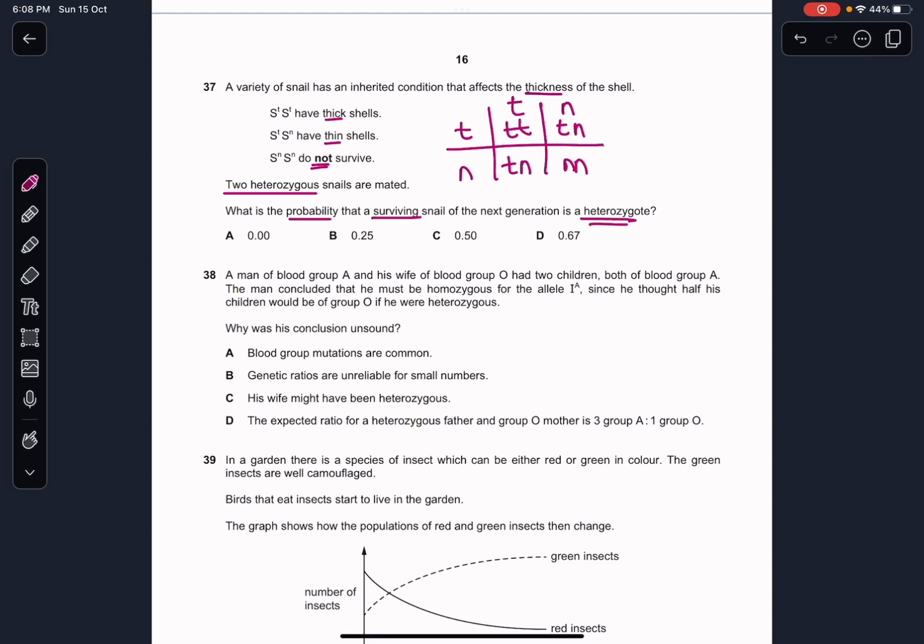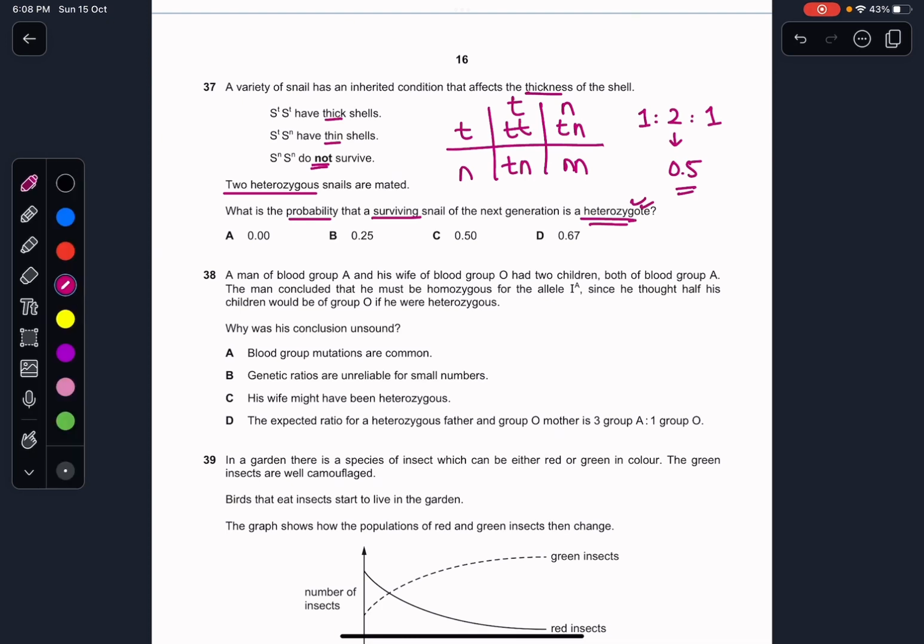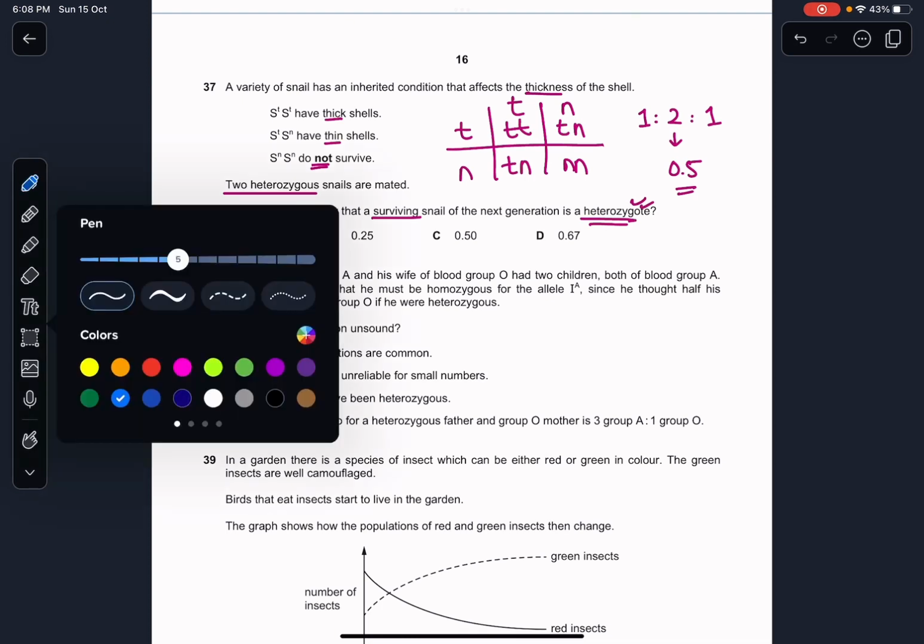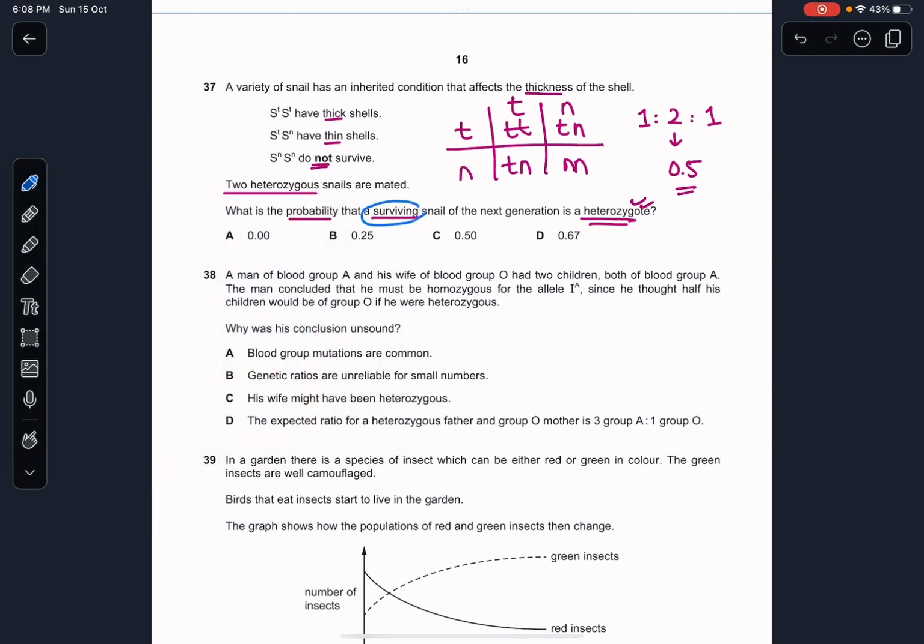Now if we're looking at it as a whole, this is going to be 1:2:1, which means that the heterozygote is going to be 0.5, right? But the catch over here is they're asking about the surviving snails.